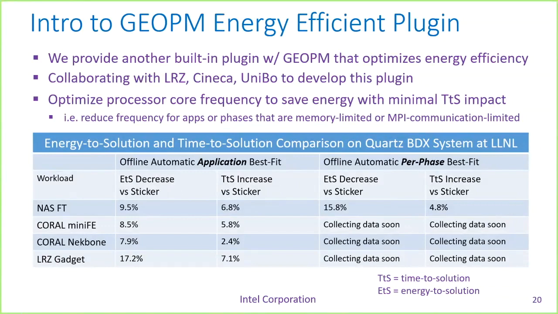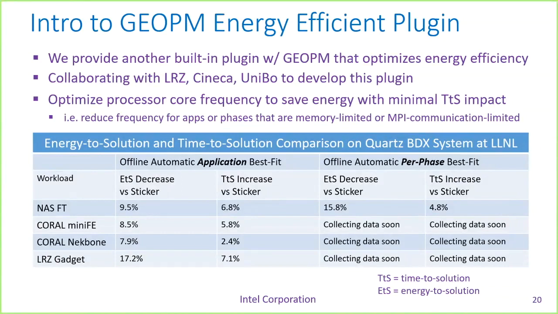In the right column, we are doing optimization of the frequency on a per phase basis. So we find a different frequency for each application phase in the application. And there we're comparing against, again, I think running at either sticker frequency or no more than a couple hundred megahertz below it.